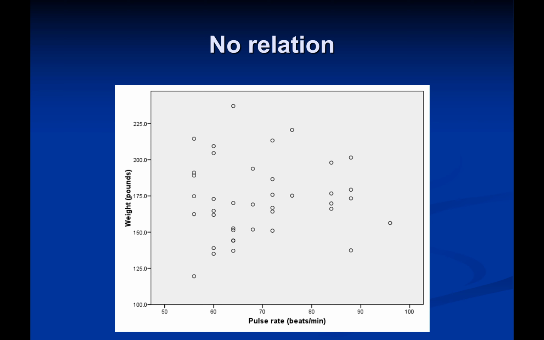And this graph shows no relation, meaning as the pulse rate increases, weight doesn't increase or decrease accordingly. So you see a random plot here. We couldn't figure out any clear pattern. No clear pattern, so definitely there's no relationship between the pulse rate and the weight.